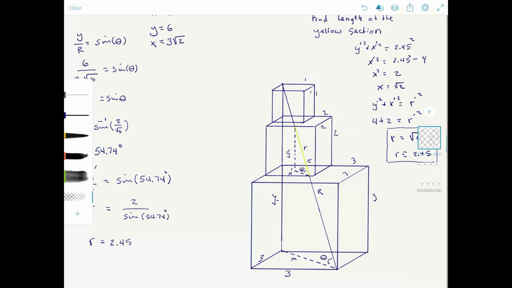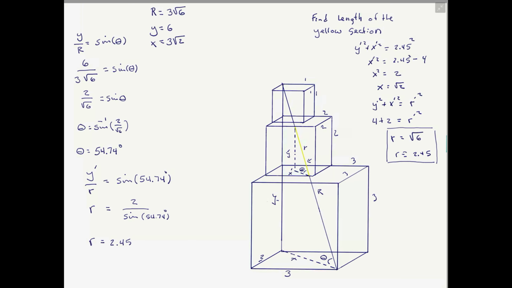And so r is the square root of 6, which happens to be, when you take 6 and take the square root, 2.45 when you round it up.